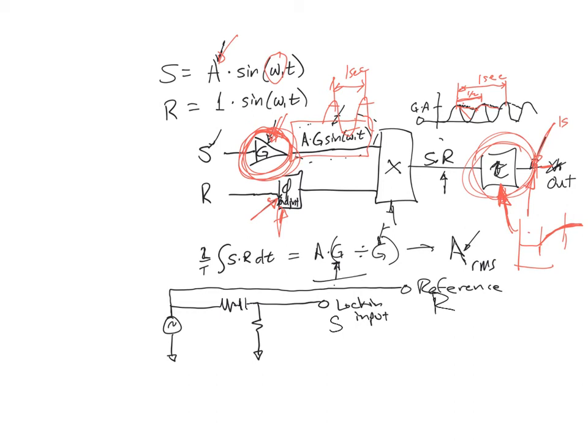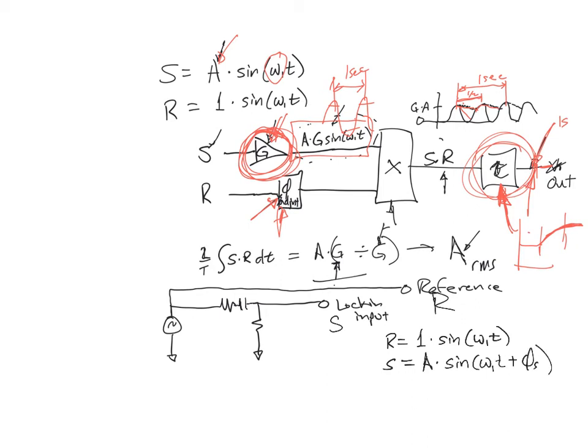Instead, the reference is equal to 1 times sine of omega 1t, and the signal is phase shifted somehow, forward or advanced or delayed, whatever. I don't care, but it's going to have an amplitude, and then it's going to be sine of omega 1 t plus phi s.